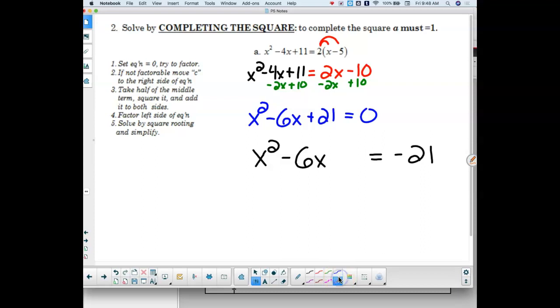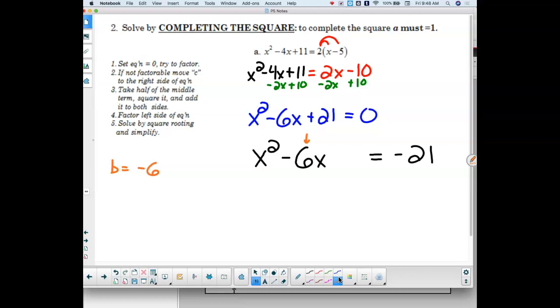Then for me, I like to go off on the side. Most of the time I do it in my brain, but I like to go off to the side and say, well, b here is negative 6. That's my b value right there. It's my linear term, my linear coefficient.